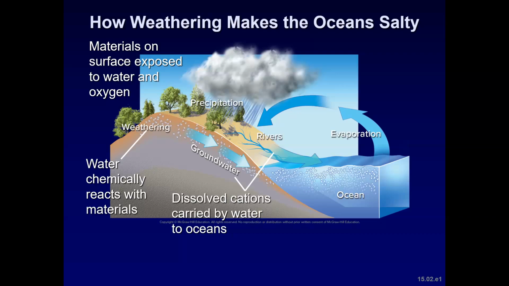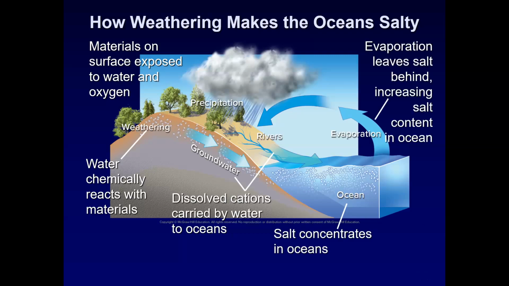And then the dissolved cations, along with negative ions like chlorine, are carried by moving water, much of which will then find its way to the oceans. Modern oceans contain about 3.5% dissolved salt. And when seawater in the oceans evaporates, the dissolved salts remain in the seawater, which even more so increases salinity.